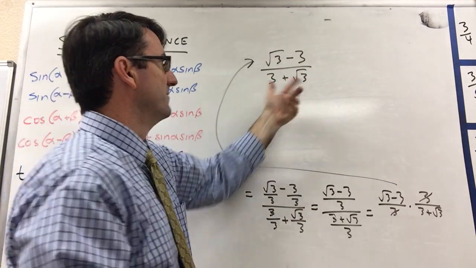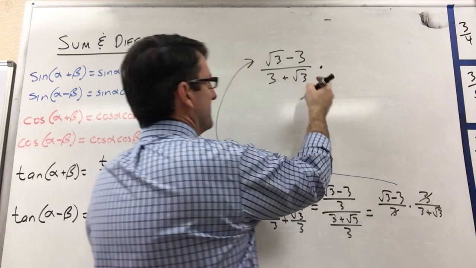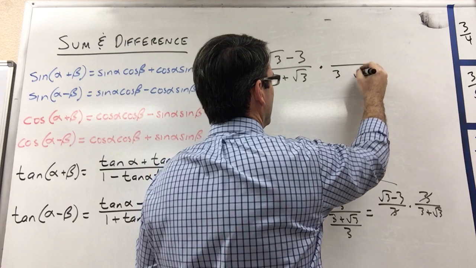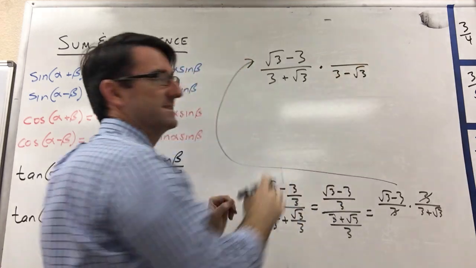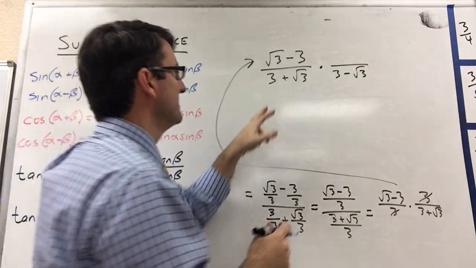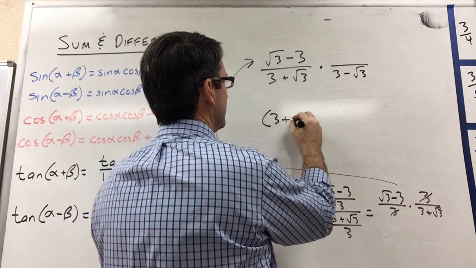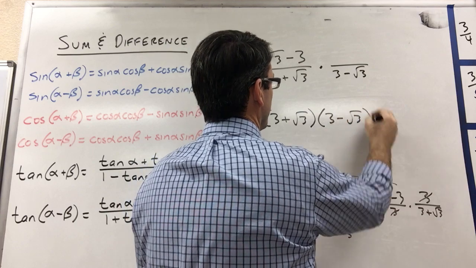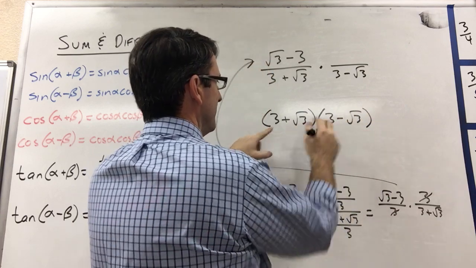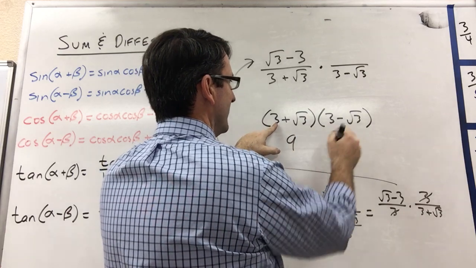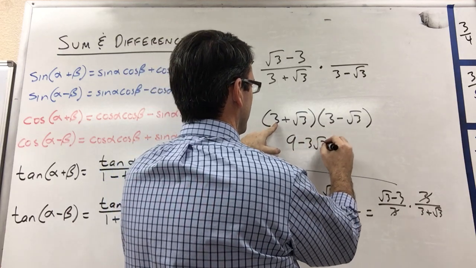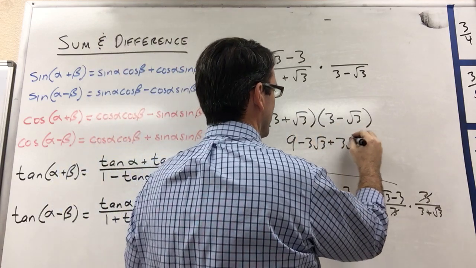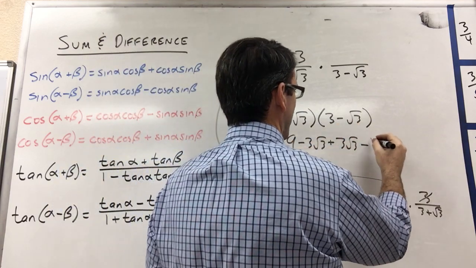So what we want to do when we have something like this is multiply by this same thing, but with the opposite sign. And the reason for that is if we FOIL this out, 3 plus the square root of 3 times 3 minus the square root of 3, 3 times 3 is 9, 3 times negative square root of 3 is negative 3 square root of 3, square root of 3 times 3 is positive 3 square root of 3, and then multiply these, we get minus 3.